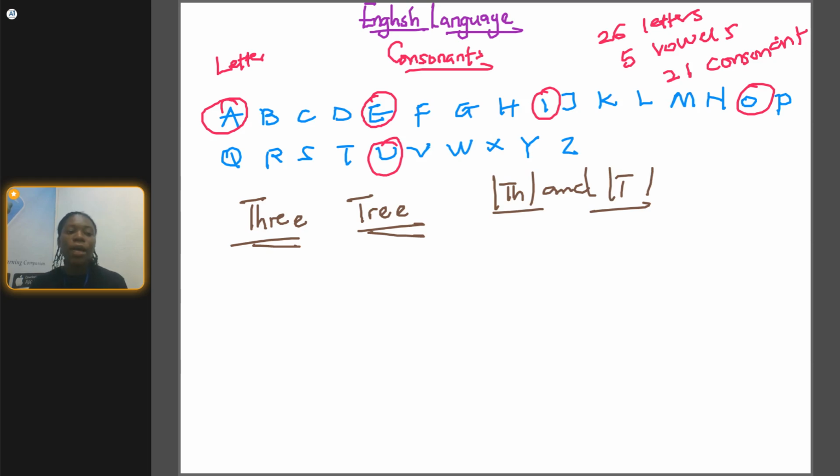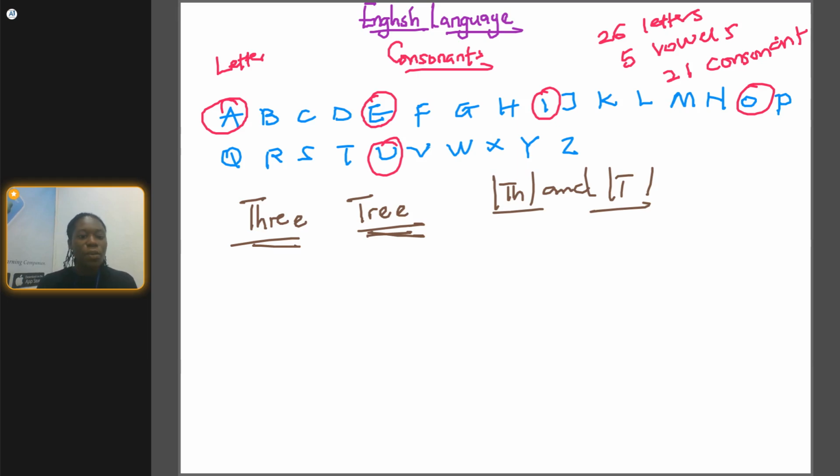Now, if you're speaking to those who own English, and instead of saying three, you say tree, they're going to get confused, trying to wonder what you mean by tree, especially when it doesn't go well with the sentence you just uttered.